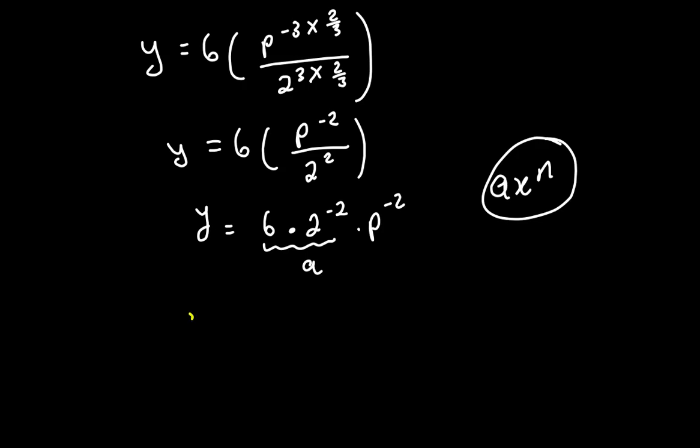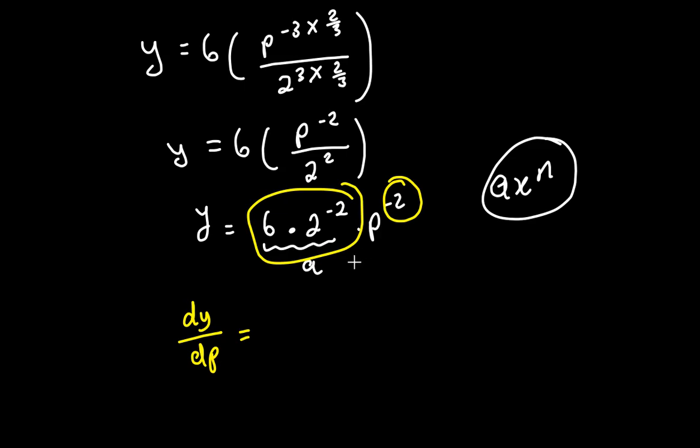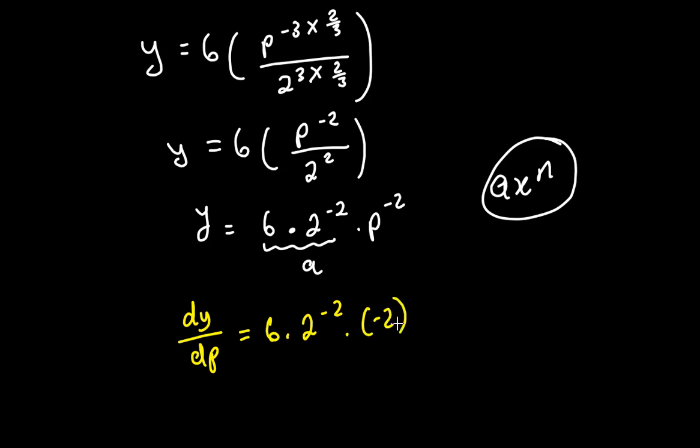Now I'm going to say dy over dp. Remember the variable is p. So I'm going to say this a times n. So I'm going to say 6 times 2 to the power of negative 2, then times negative 2. Then I say p, then I say the exponent minus 1.